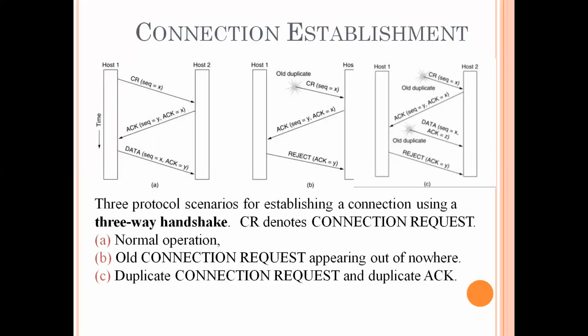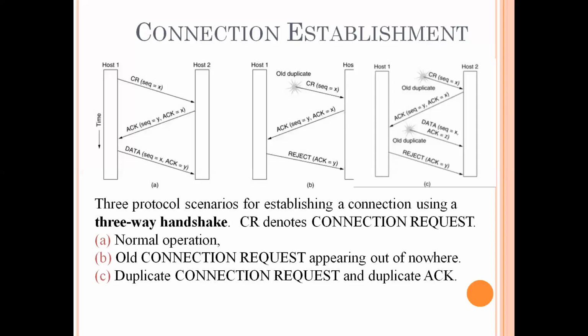When host 2 receives the connection request from host 1, it sends an acknowledgement to host 1 with a sequence Y, and along with Y, it also acknowledges X. After receiving this, host 1 again sends data to host 2 with a new sequence and an acknowledgement of Y. This is called three-way handshaking.